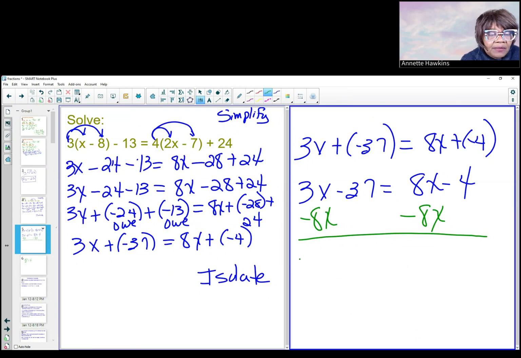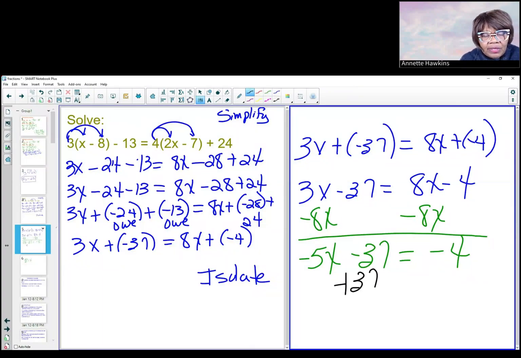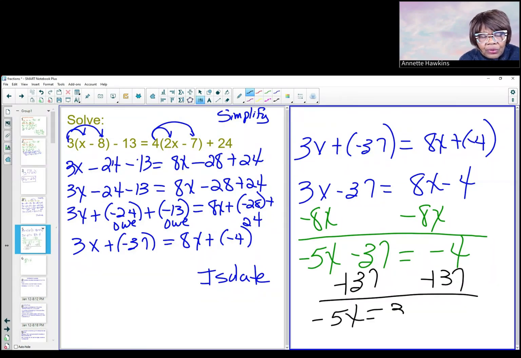So it's going to be negative here. So that's negative 5x minus 37 equals negative 4. That's okay. All right, now I am going to put the numbers on the other side. So we undo this, add 37. We get negative 5x equals 33.